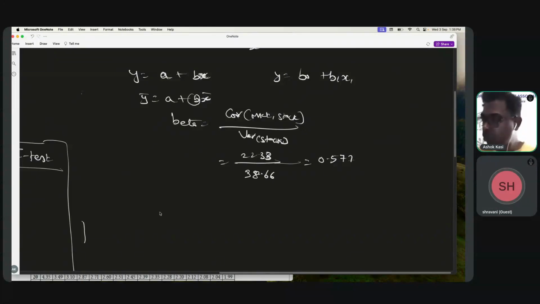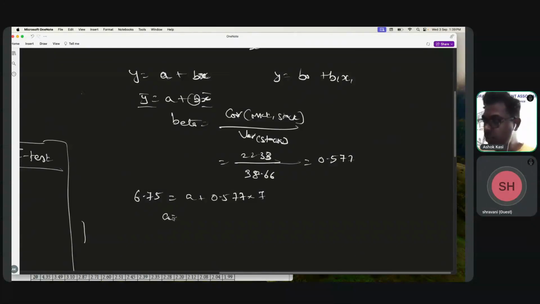So we have got beta and we know x bar and y bar. What is y bar? 6.75, right? Equal to a plus 0.577 into x bar. X bar is 7.